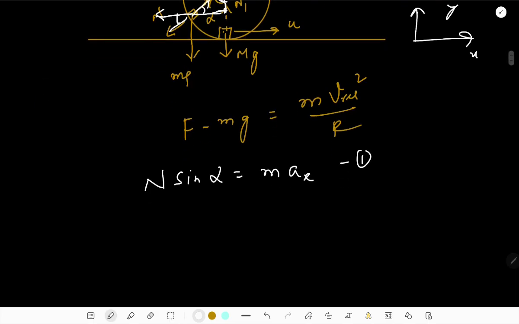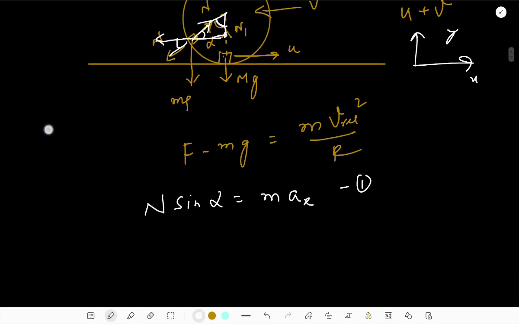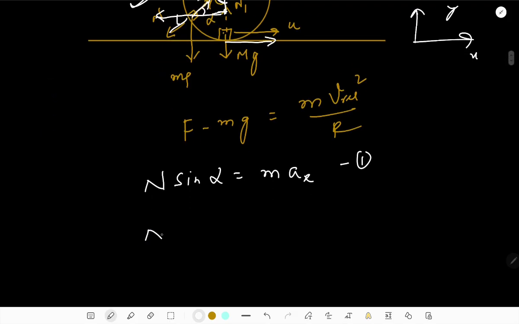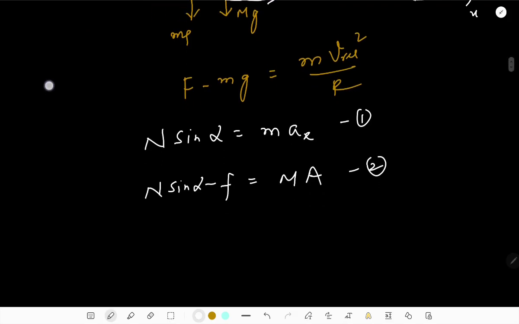So we can write the horizontal, although it has got two forces acting along the horizontal. One is this and another one is this, and its acceleration is in this direction. So I'm going to write something like N sine alpha minus f equals mass into acceleration of the center of mass of the cylinder, that has been taken as capital A in this case.